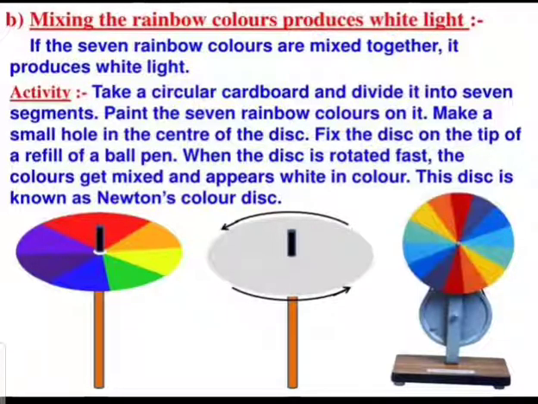Then you have to rotate that disc at fast speed. What you will see, while rotating, is that these 7 colors get mixed and only white light is visible. The disc appears white in color. This disc is known as Newton's color disc.